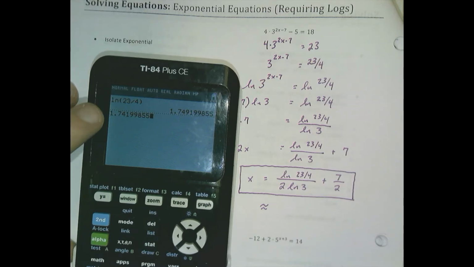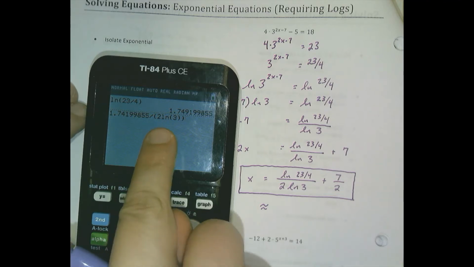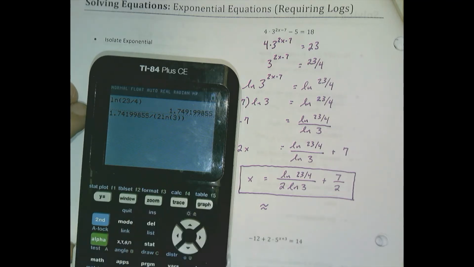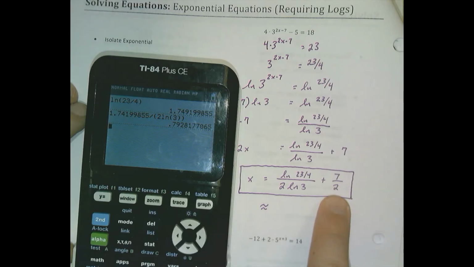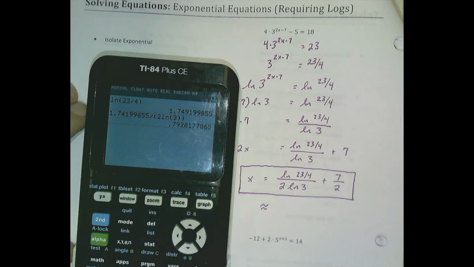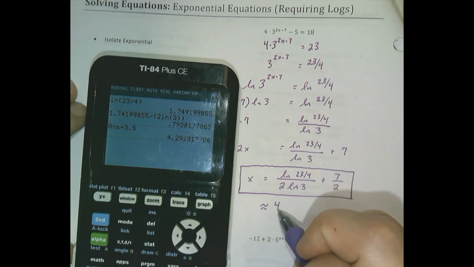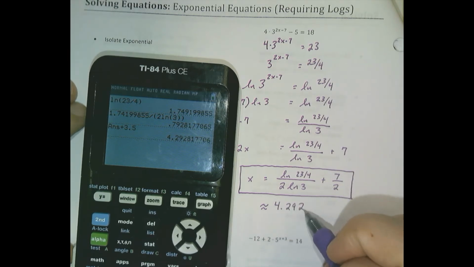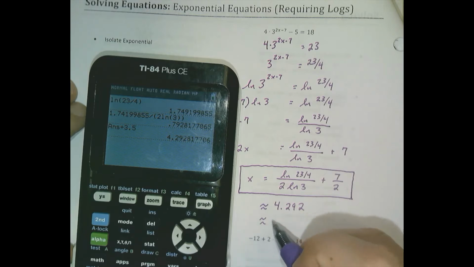Then we're going to take that decimal expression and divide it by 2 log of 3, trying to keep that in parentheses. And then to that we will add 7/2, or 3.5. We get 4.292, or if you're rounding, 4.293.